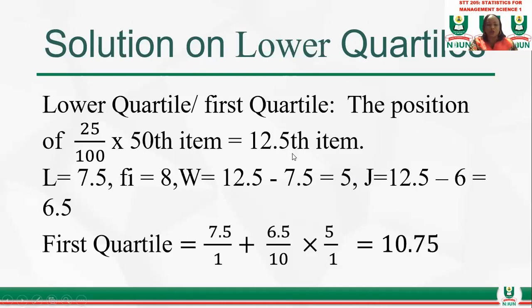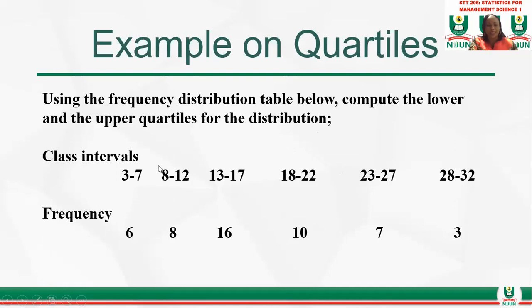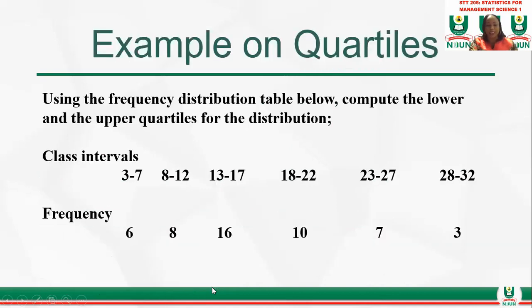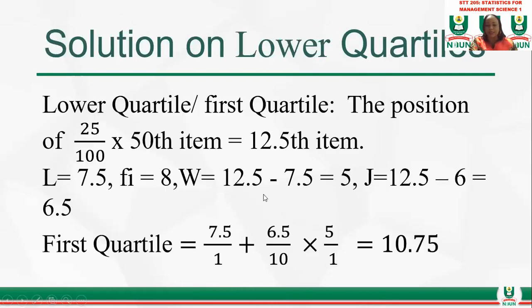The instruction for J says that you subtract from it the sum of all class frequencies up to, but not including, the quartile class. Our quartile class is 8 to 12, so we are summing only 6. We are not going to add 8. That's why we are subtracting 12.5 minus 6, giving us 6.5.